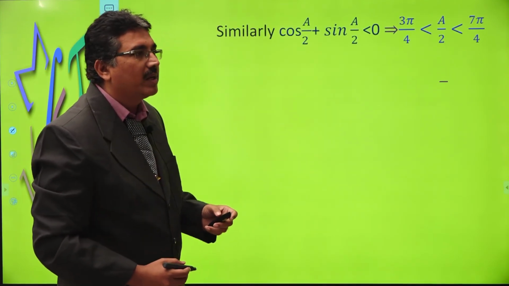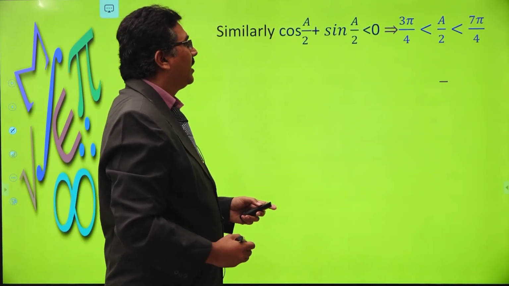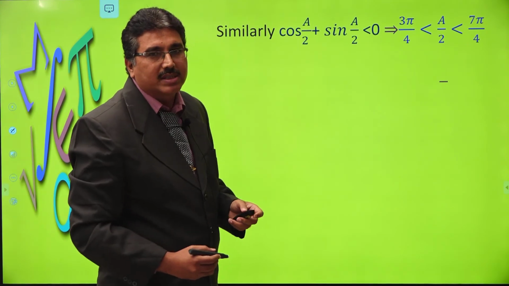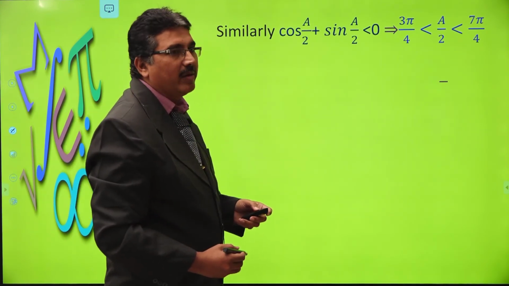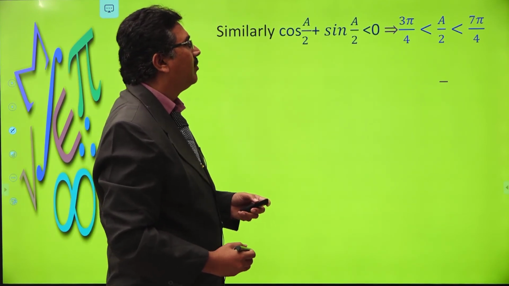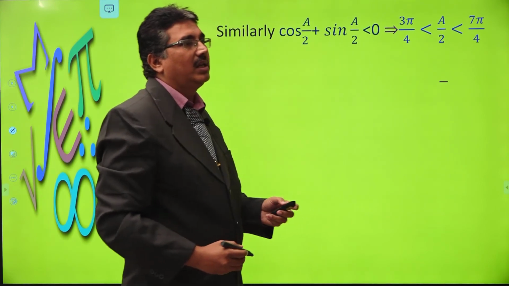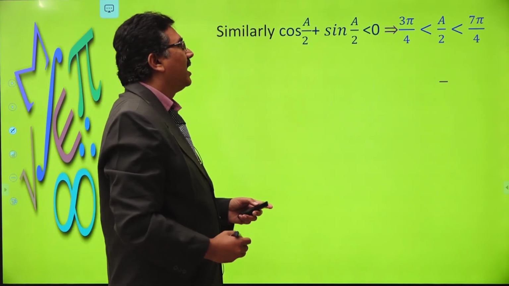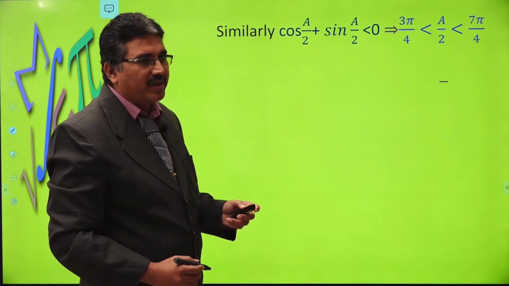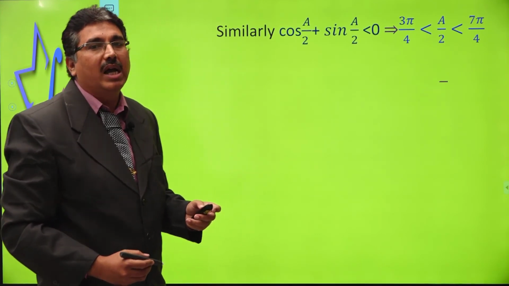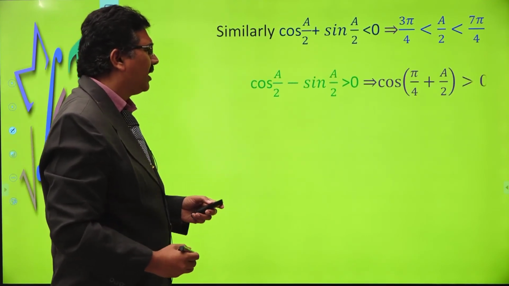Similarly, cos a/2 plus sin a/2 less than 0. That implies the limits of a/2 are 3 pi/4 to 7 pi/4. Now, the limits of a/2 for which cos a/2 minus sin a/2 is greater than 0.